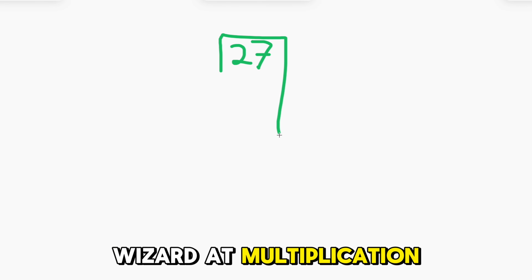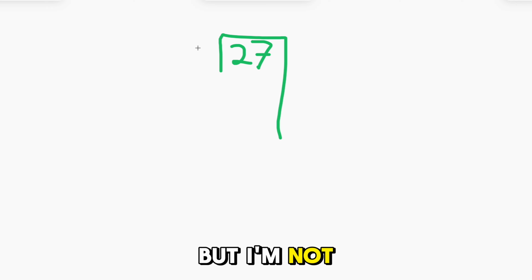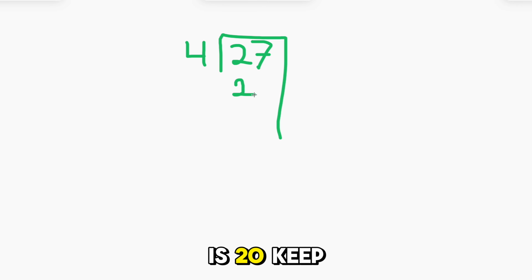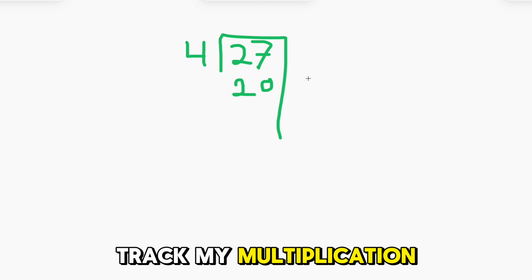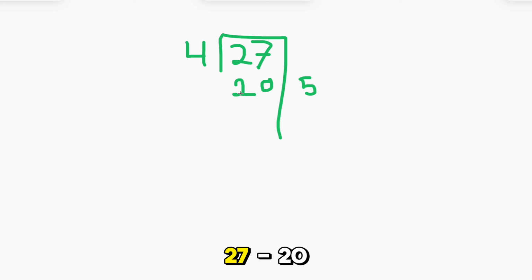Let's say I'm just like a wizard at multiplication, but I'm not the strongest at division. So I know 4 times 4 is 16, and I even know that 4 times 5 is 20. I'm going to put that right there, keeping track of my multiplication. And I know that 27 minus 20 is 7.